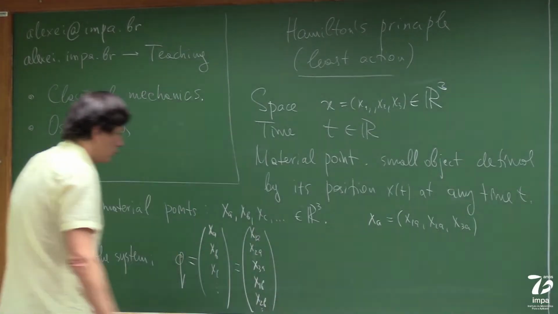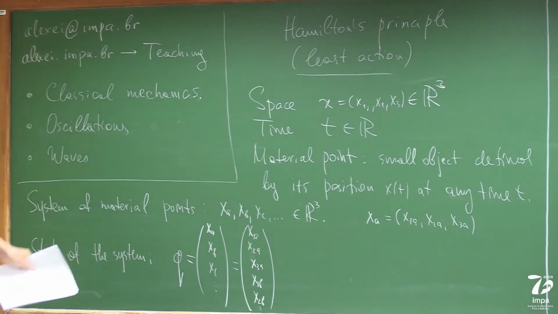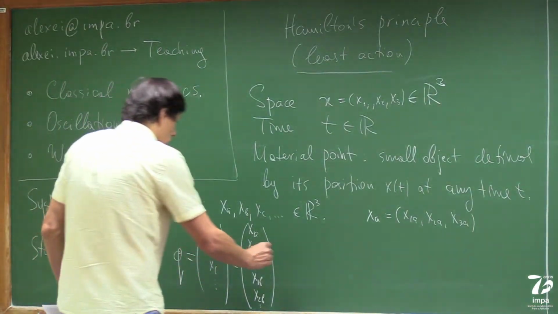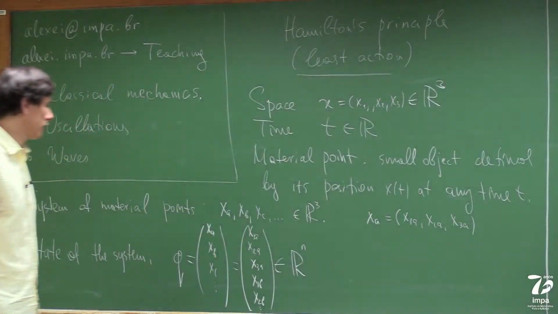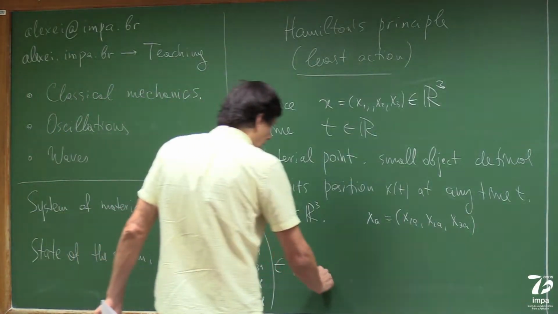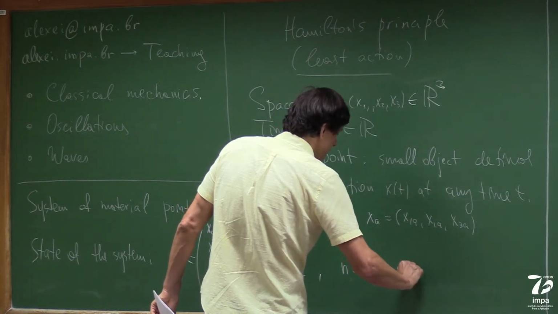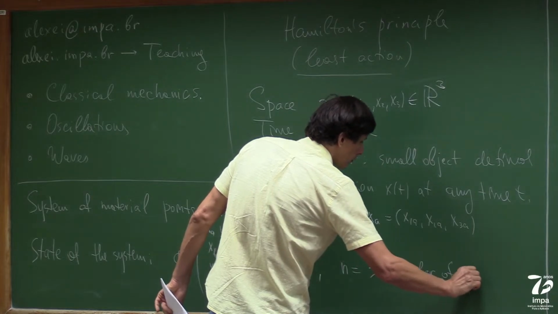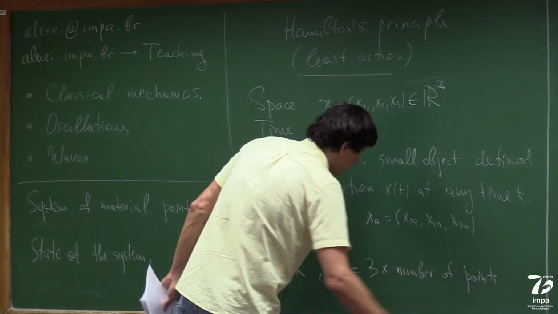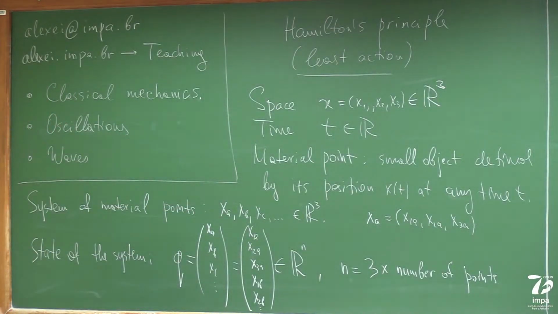There will be such a long vector which just lists all coordinates of all points. So this is a vector in some n-dimensional space, and n is of course 3 times the number of points. Whenever you have this vector, which can be long if you have many points, you define what your system is.